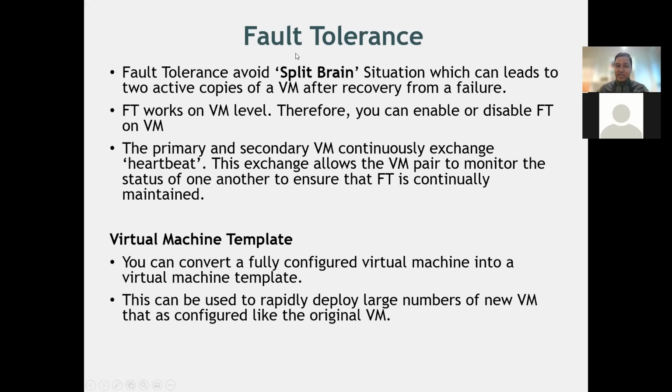That means two active copies of the VM, which is not a good situation for recovery from a failure. So in fault tolerance technology, they avoid the split brain situation and take a lot of aspects into consideration to avoid it.